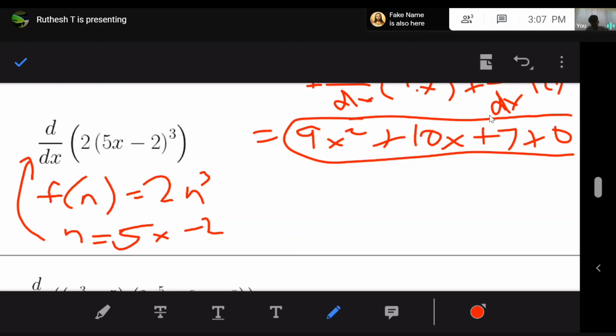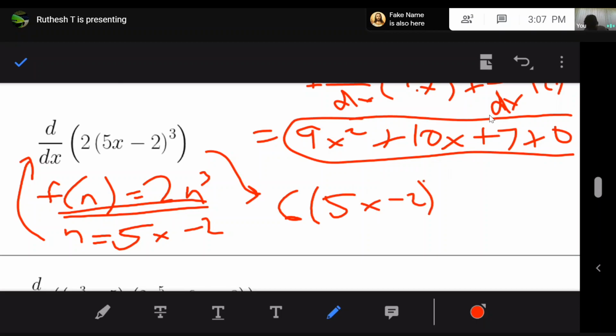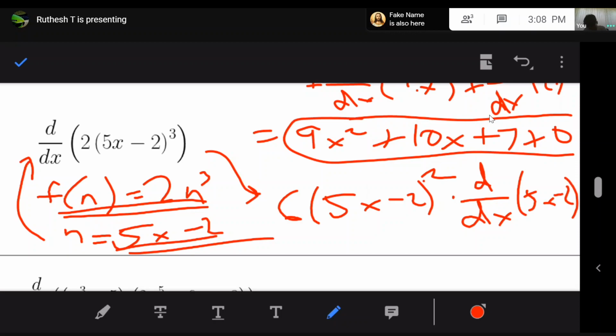Basically what you do is you take the derivative of the outside function and just use power rule. So then it's 6 times (5x minus 2) squared, and you multiply it by the derivative of the inner function, 5x minus 2. The derivative of 5x minus 2 is just 5, and you end up with this.